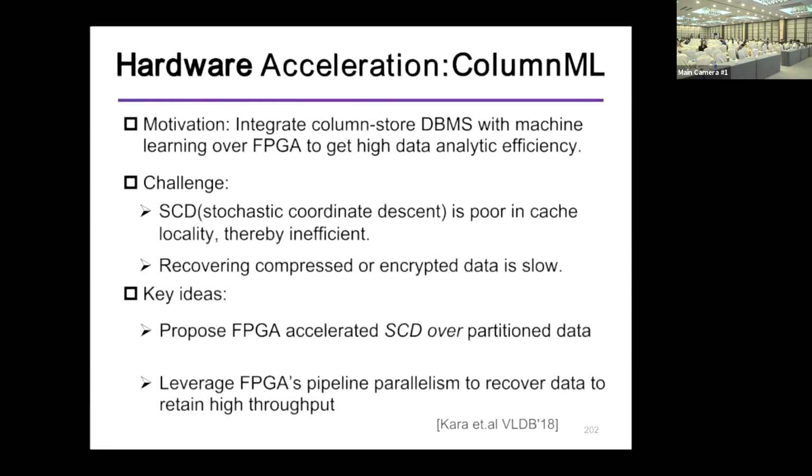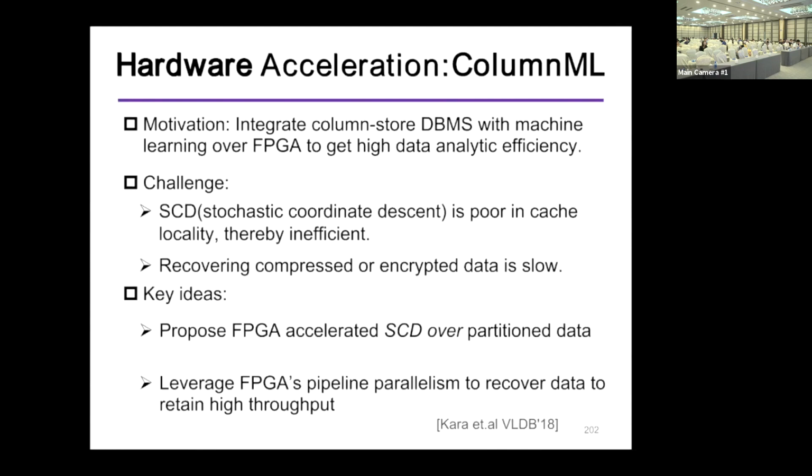And the second method is to integrate the column store DBMS with machine learning over FPGA to get high data analytic efficiency. So the challenges are, in the column store DBMS, the SIMD algorithm is always adopted, but it is poor in cache locality, thereby inefficient.